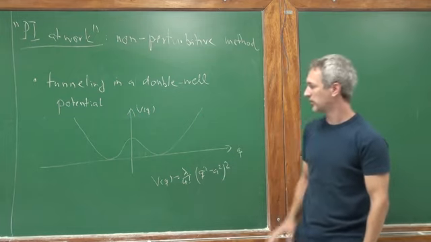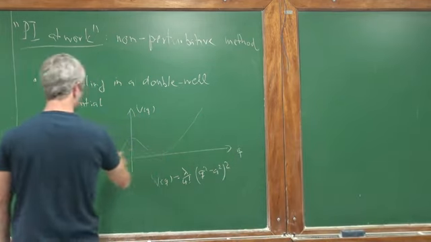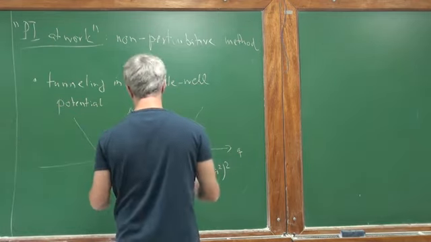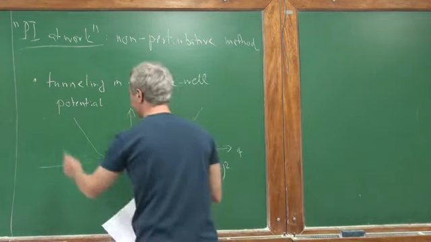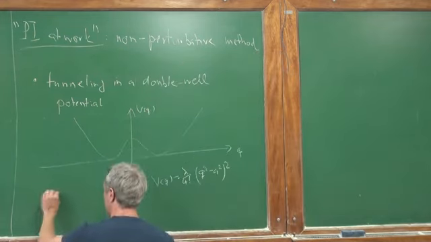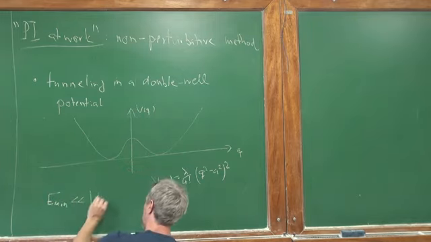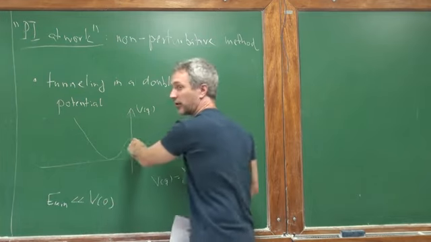What we want to discuss is such a potential where you have two minima, and the question is, assume that the kinetic energy of the particle is much less than the height of the barrier.